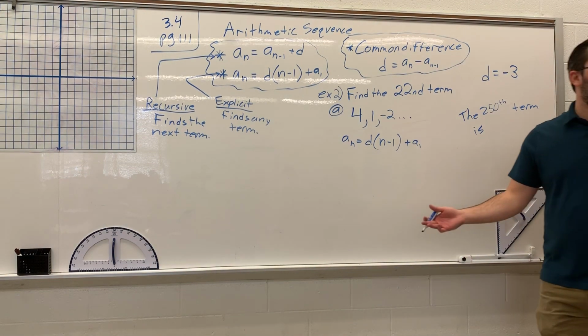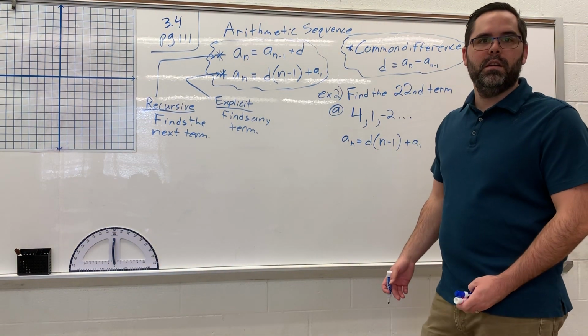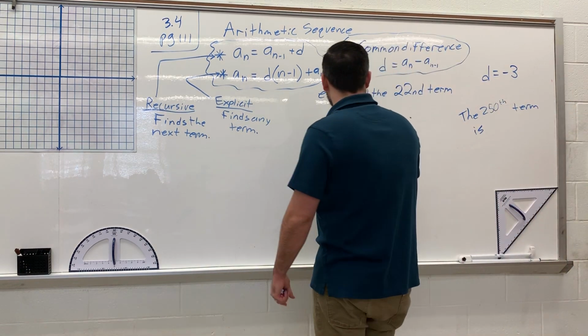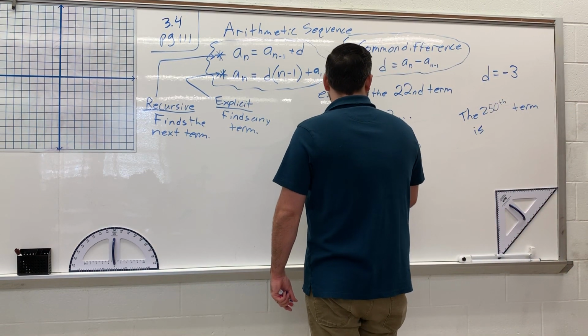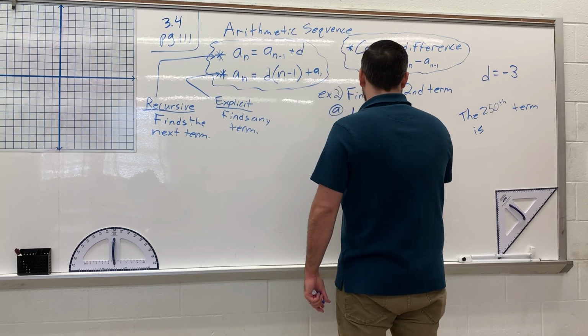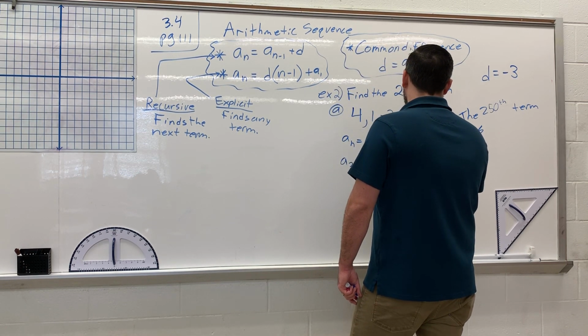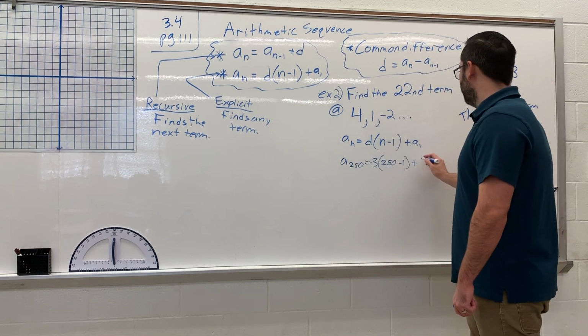What am I plugging 250 into? In for n. So this is a sub 250 equals, the common difference is still negative 3, times 250 minus 1, plus 4.